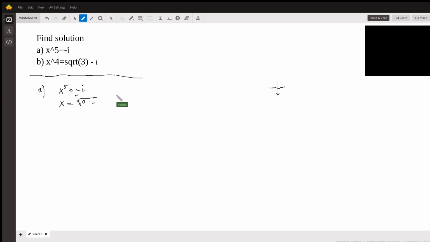We're going to write negative i as 0 plus negative i, because in the real imaginary plane, this is the real axis here, and this is the imaginary axis here. It has the coordinate 0, negative 1.